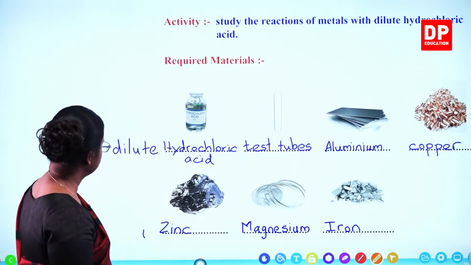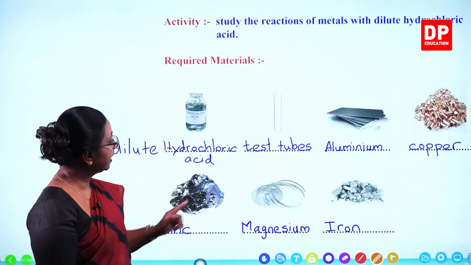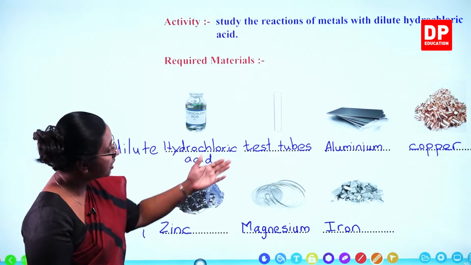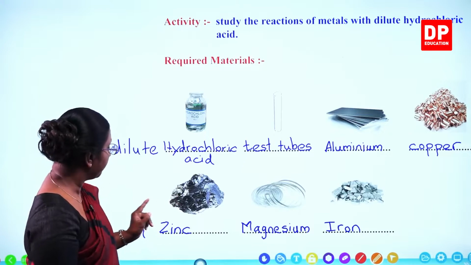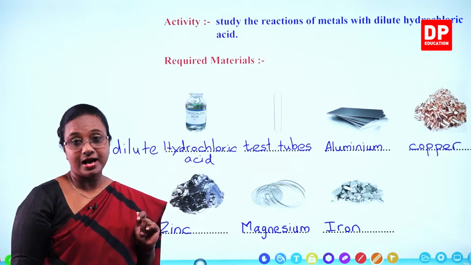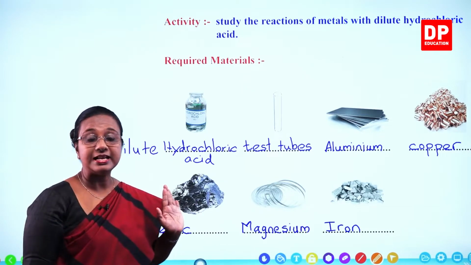So, different metals. We need dilute hydrochloric acid, a few test tubes, and then aluminium, copper, zinc, magnesium and iron. Those are the materials that are needed.